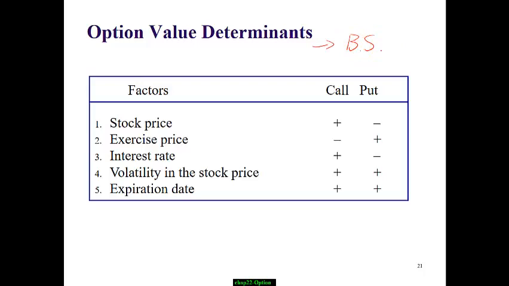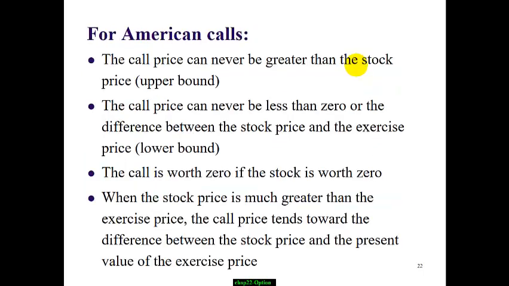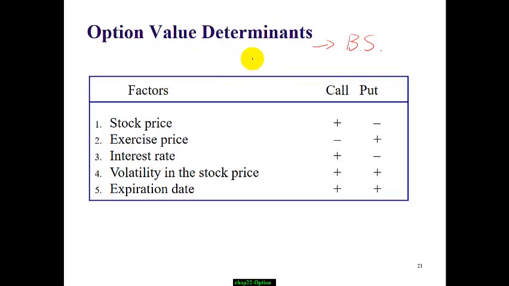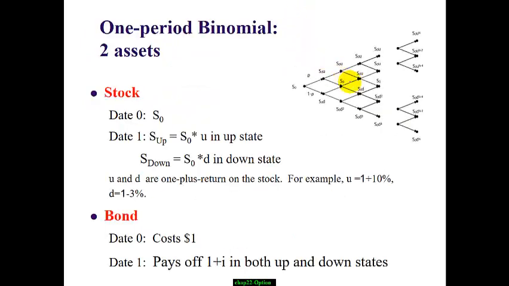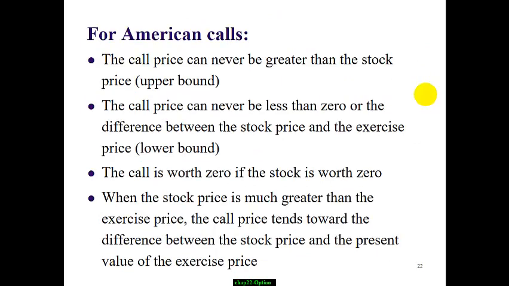So I'm going to pause a moment. Before we go to the Black-Scholes model, I'm going to introduce your third valuation model first, which is the binomial model. Both Black-Scholes and parity are based on European options, not American options. American options you may exercise anytime, before or on the expiration date.